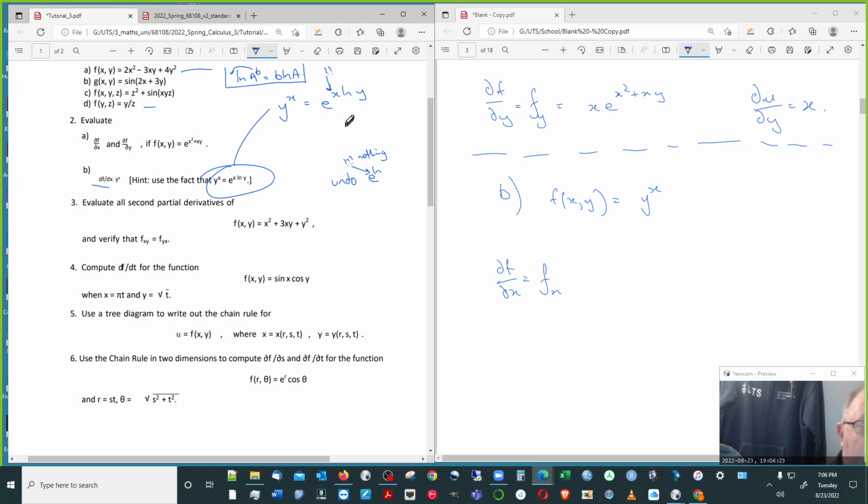So all this means is that this is a rewrite of this right hand side. We're going to put the x up as an exponent on y. So e to the ln, because we're only treating this top term, ln of y to the power x. Now they're the same thing. Okay, they're the same thing.